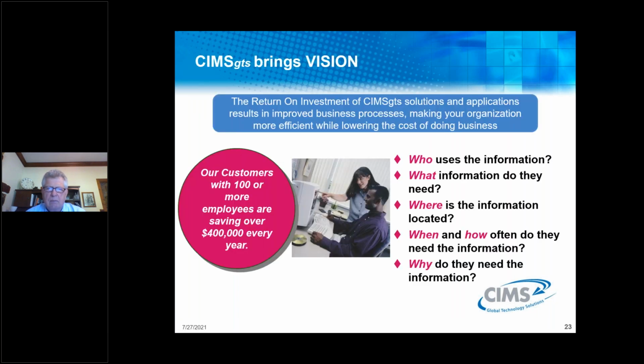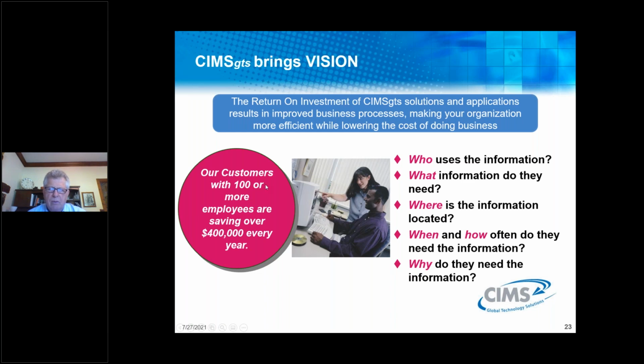So just to follow up, in doing this, we captured those questions. And I have customers, with over 100 employees, who save over $400,000 a year just from using these types of systems. It's a very simple, very low estimate, because this is based on just a 10% productivity increase in your knowledge workers.